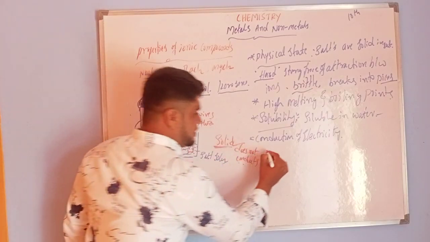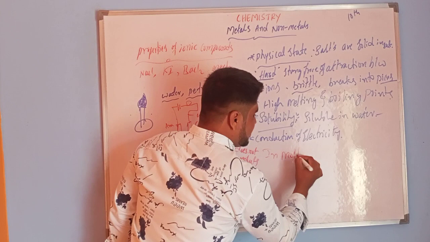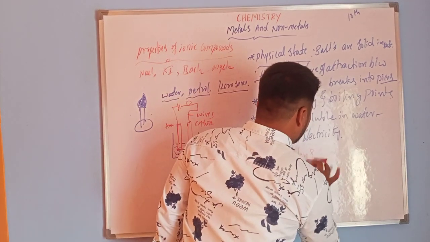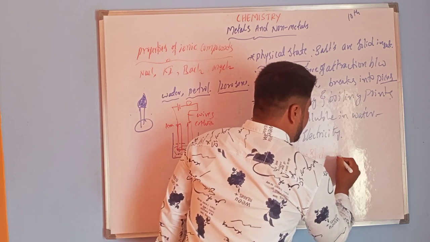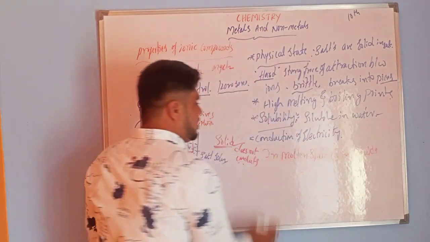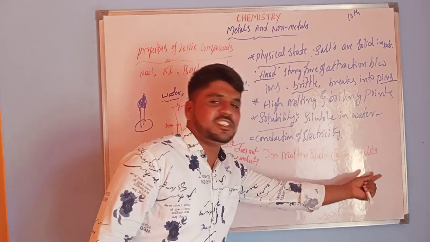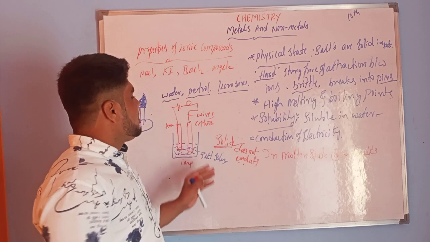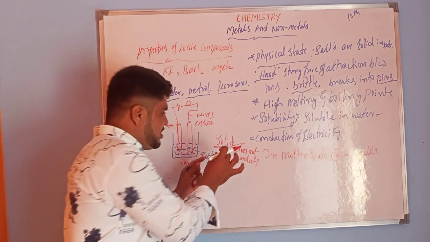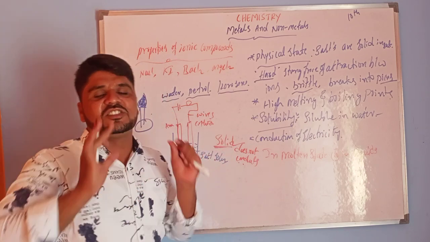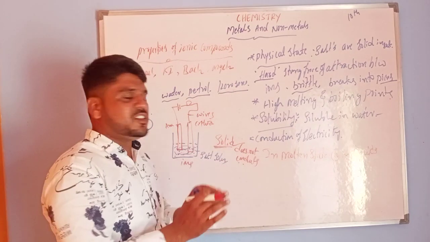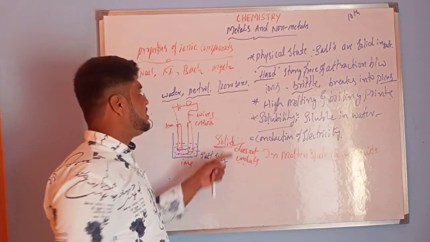In a molten state or in a liquid state only, ions are free to move. In the solid state there is a rigid structure, and the movement of ions is restricted.